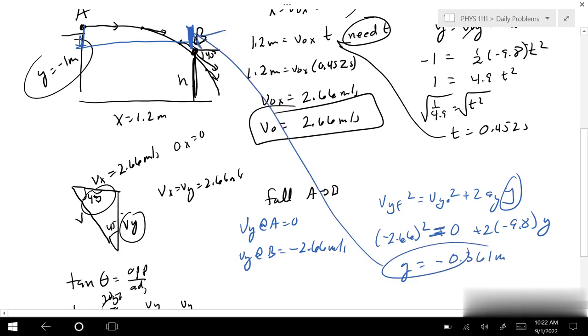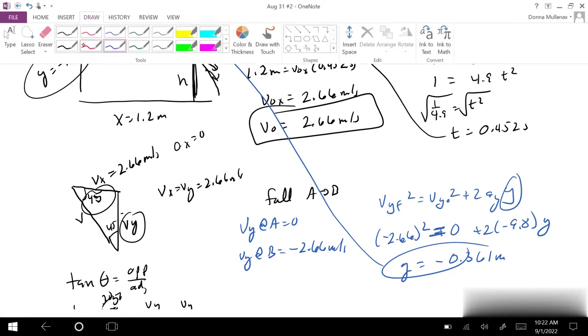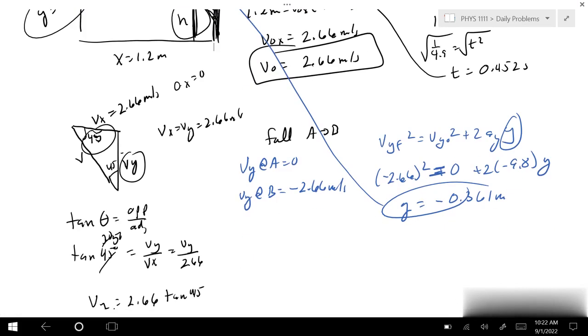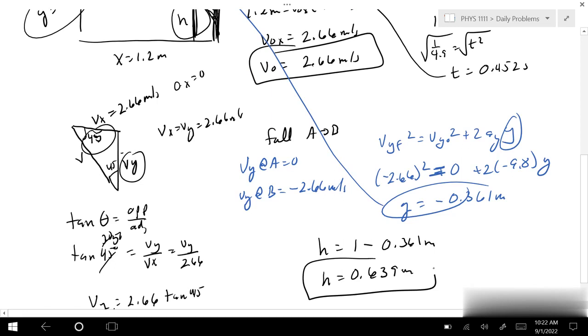Now that is this height right here, but I'm trying to find the black h. I'm trying to find this height right here. This whole thing is 1, because that's the height of the table. So that means h is equal to 1 minus 0.361 meters, or h is equal to 0.639 meters. Email me or try to get a hold of me and let me know if you have any other questions.